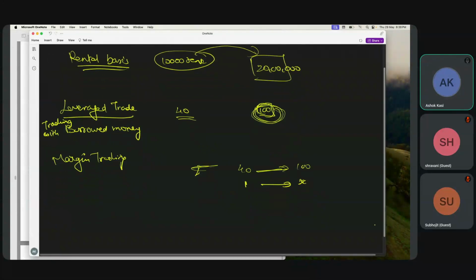So now you cross multiply. You get 100 by 40, which becomes 2.5. This x is nothing but the leverage ratio. That means with 1 rupee, I am getting exposure to a product worth 2.5.